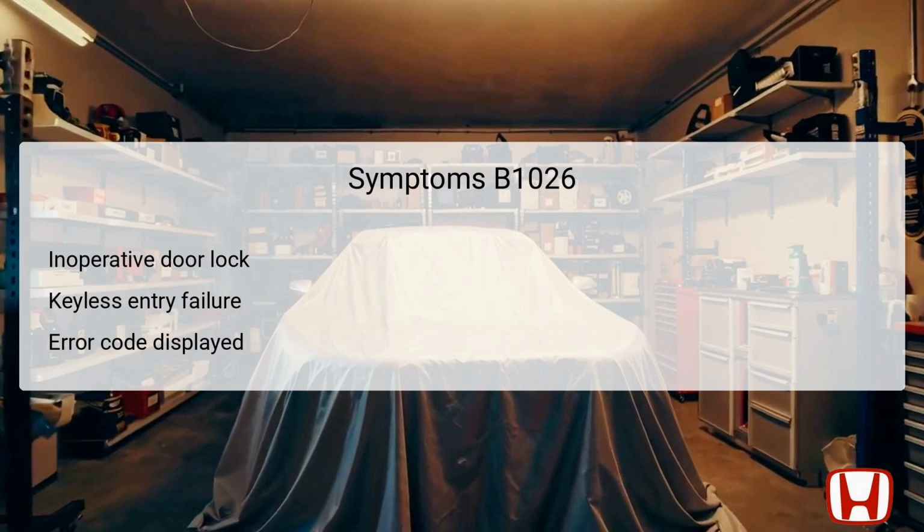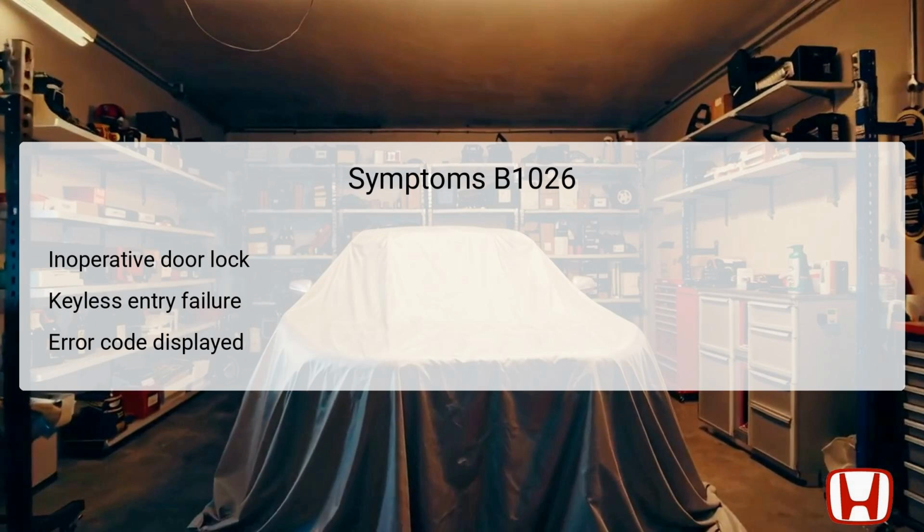When dealing with the B1026 code, several symptoms may present themselves. The most obvious symptom is that the passenger's door lock may not operate correctly, making it difficult or impossible to lock or unlock the door through the switch. Another symptom could be a failure in the keyless entry system, leading to inconvenience for the vehicle owner.